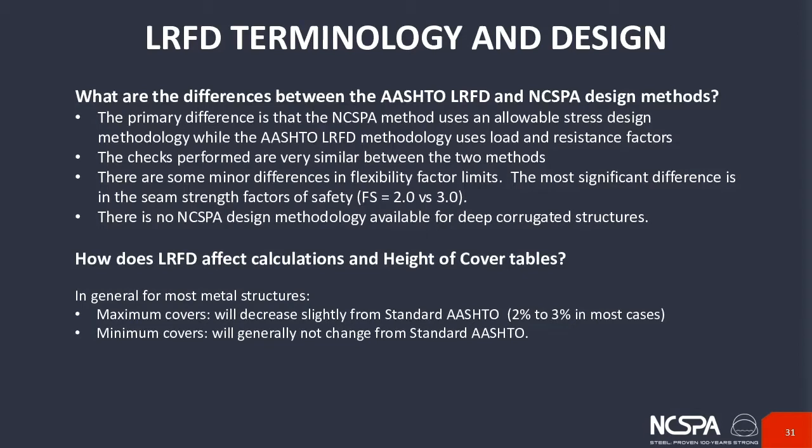That's essentially because if you take the result of the load and resistance factors, you'll see that there is a slightly higher equivalent factor of safety that's applied by AASHTO as compared to the NCSPA method. We're talking about a 2 to 3% difference in most cases, so it's certainly not significant, but that is one difference that you would see. And then in terms of minimum covers, they are essentially the same. So there's really no change between the AASHTO methodology and the NCSPA methodology.